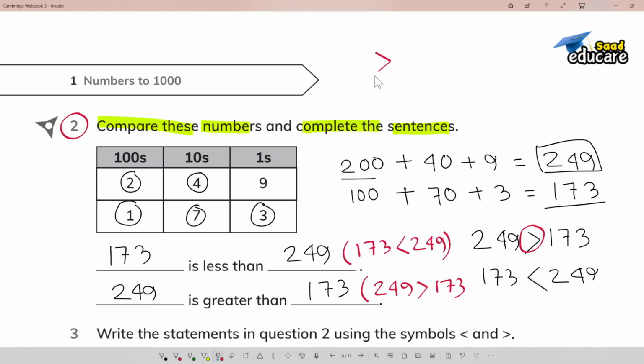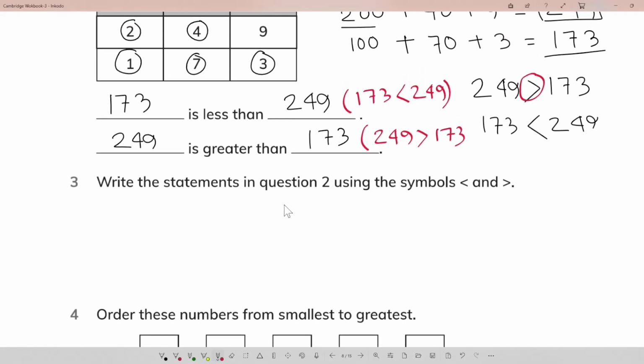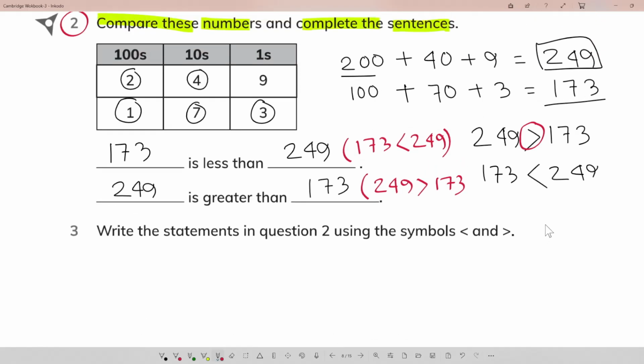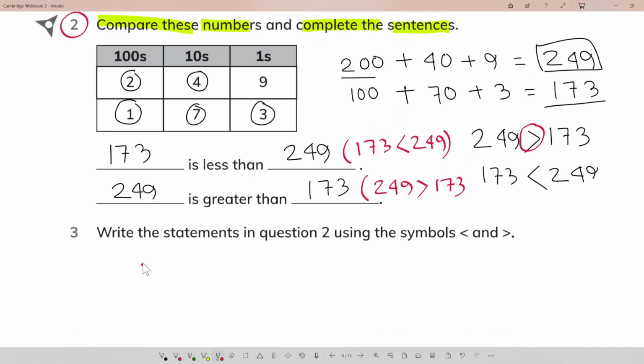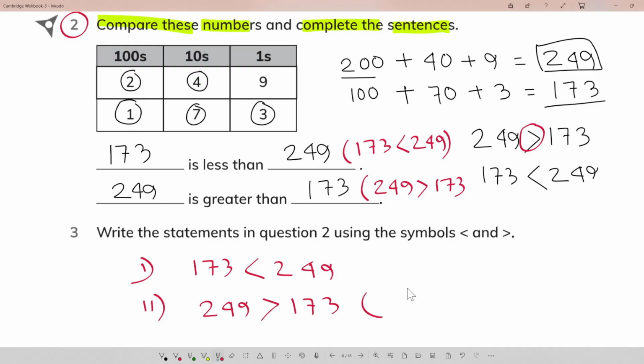So always remember, this is greater and this is less. Write the statement in question 2 using the symbol. First one, 173 is less than 249, and second one, 249 is greater than 173. This one is greater, and this one is less than. Okay, so this is a very simple thing.